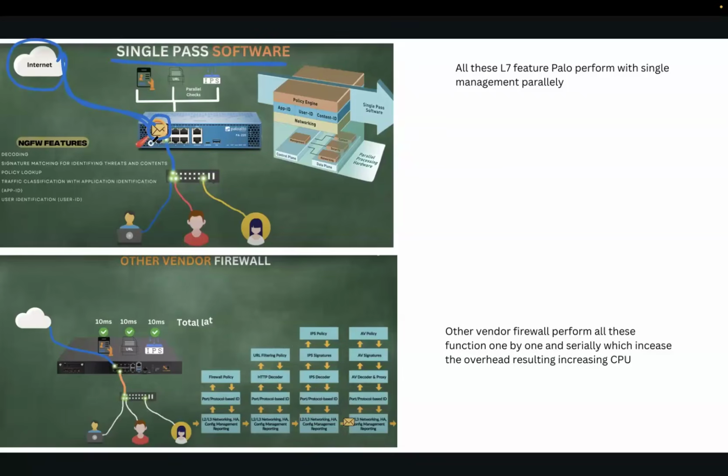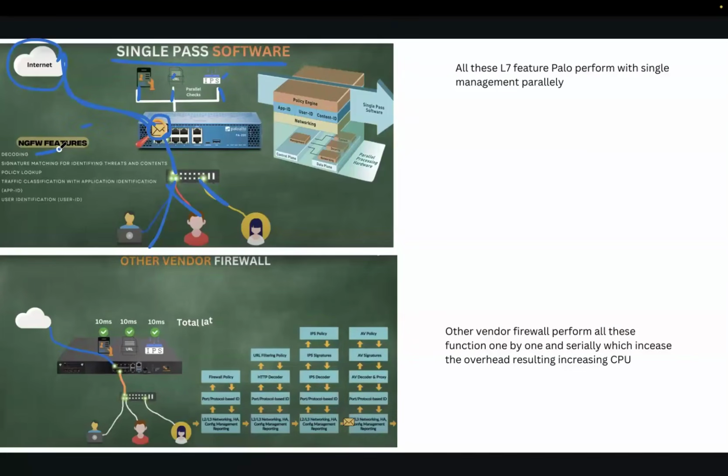Okay, this port, this thing is working for all L7 activity like URL, IPS. Parallel checks means here also checking, here also checking, everything is being checked. Here itself it checks and goes out and is sent to the different users where it wants to send it. What are the features?